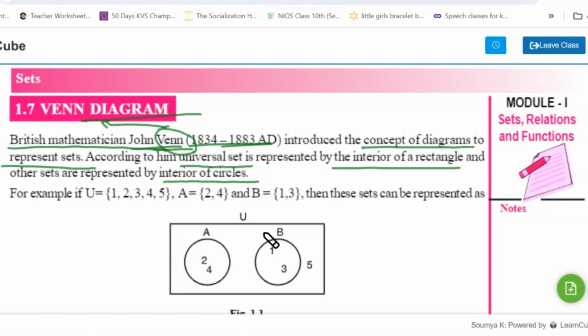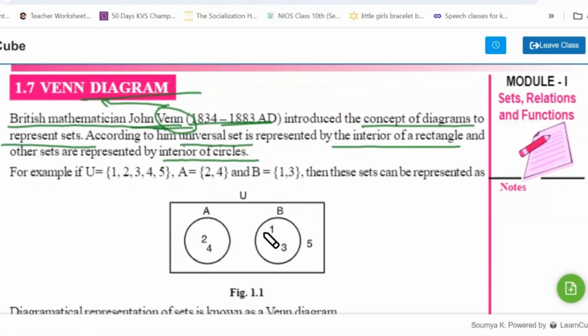If you see this diagram 1.1, you can see a rectangle right here which represents the universal set, and this circle A and this circle B each represent the sets inside the universal set U. Universal set U has 5 elements 1, 2, 3, 4, 5, and another set A has the elements 2 and 4. Another set B has the elements 1 and 3.